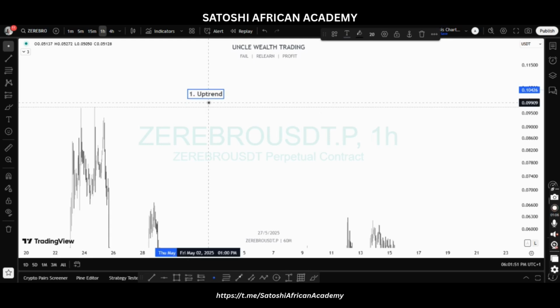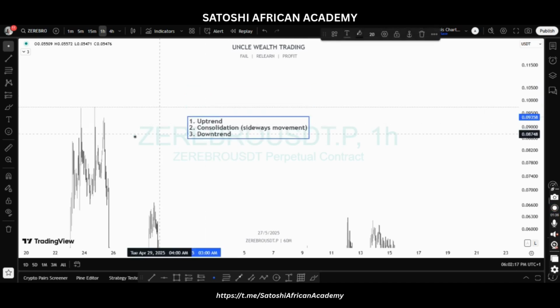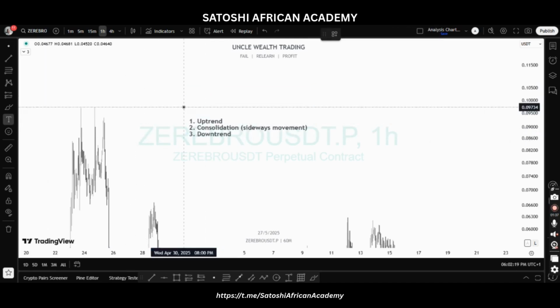The second one is a consolidation, or we call it sideways movements. And the third one is a downtrend. These three form the basis of market structure.